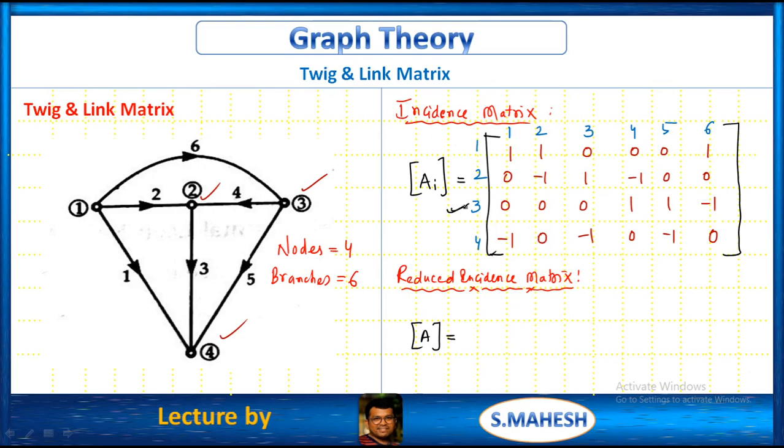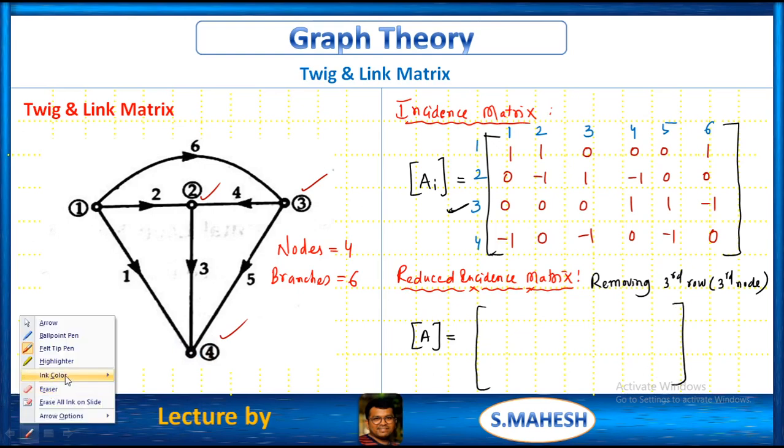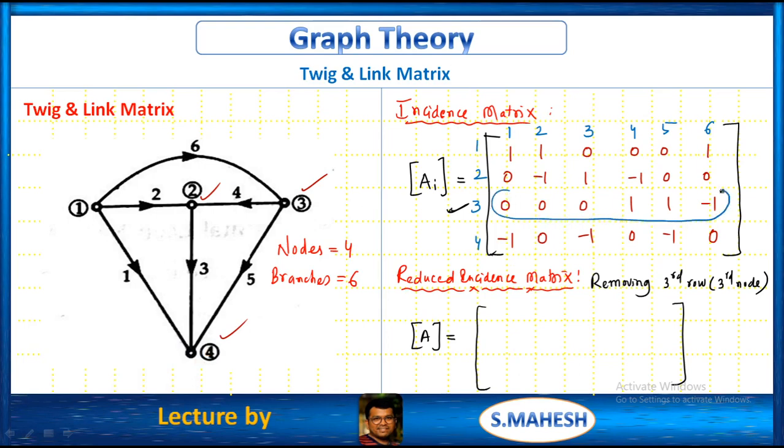I would like to take node 3, removing the third row, that is the third node. Then what we got? Simple. The third row is eliminated.